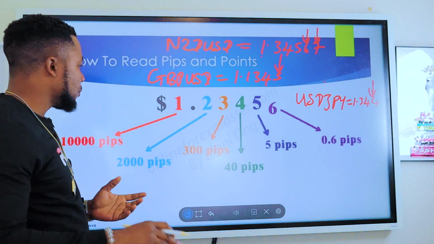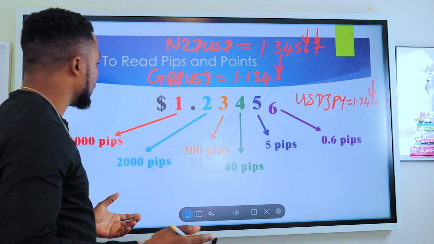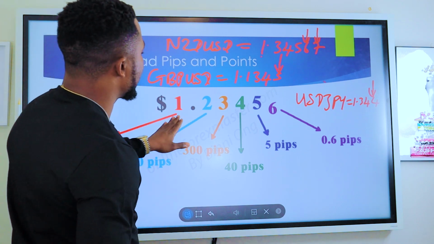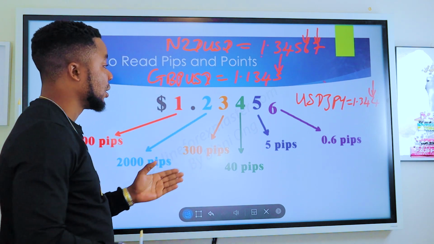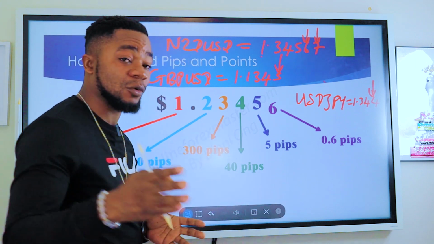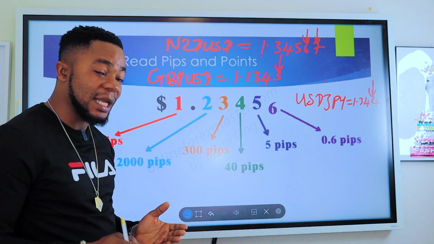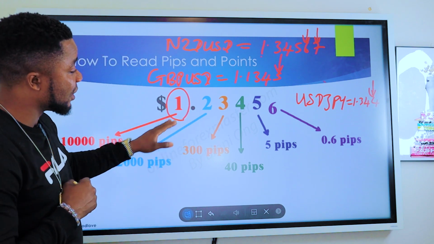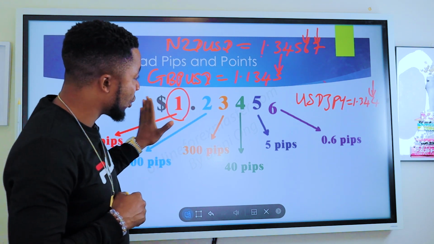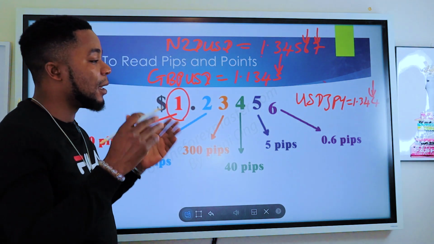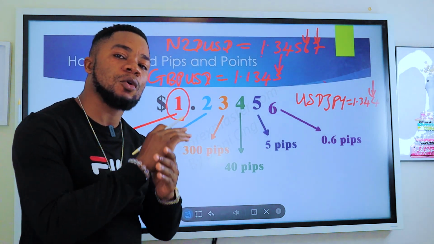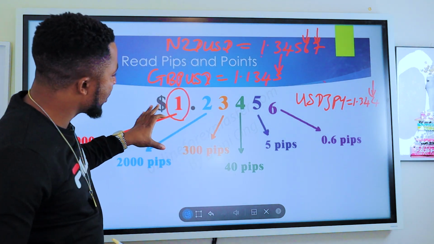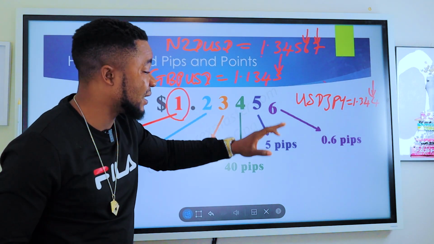So with that being said, let's see this particular quote. Remember we stated earlier, this is our first digit here. It can be Great Britain Pound USD, it can be USD Japanese yen or any other one. But our quote here is 1.23456.